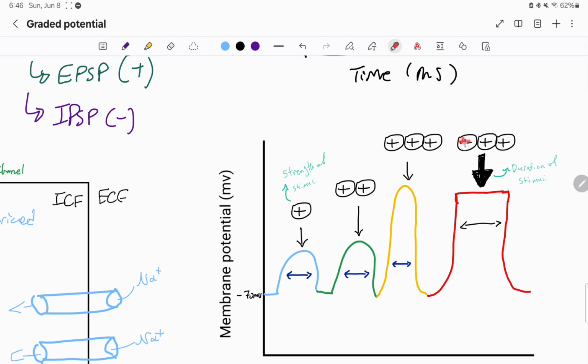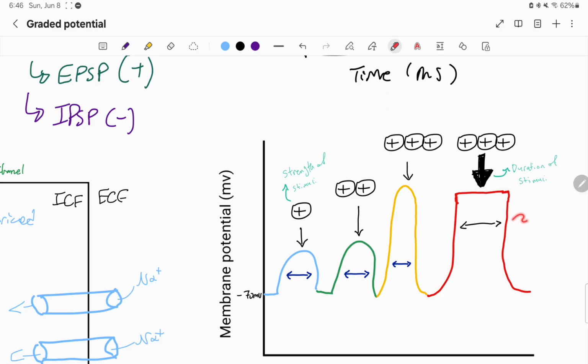Now let's say I keep the same strength of stimuli as the previous scenario, but I increase the duration of the stimuli. I increase how long my neurotransmitter is actually there. Now what do you notice? I will hit the exact same magnitude, but the duration that my graded potential is there for is much longer, okay?